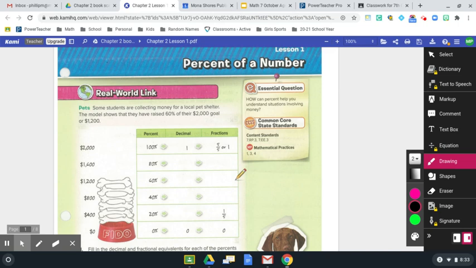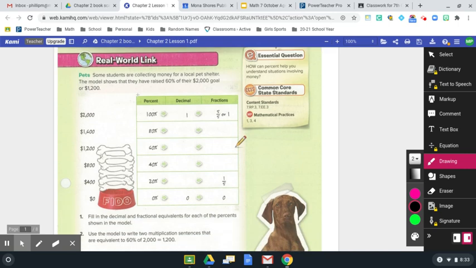Some students are collecting money for a local pet shelter. The model shows that they have raised 60% of their $2,000 goal, or $1,200. If you look at the graphic, you'll see Fido's bones going all the way up to 60%.